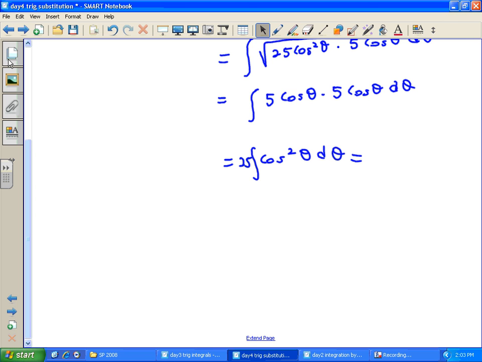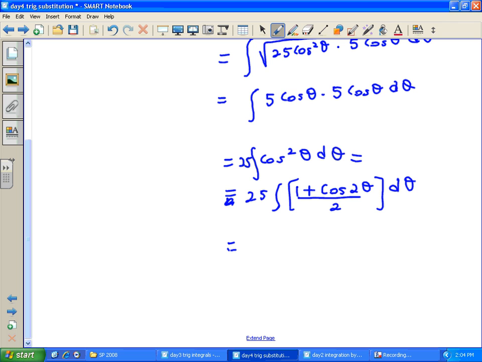For cosine squared, the formula was 25 times the integral of 1 plus cosine of 2 theta all over 2. This was also on the original handout I gave you at the beginning of the semester, all the integral formulas. What if you had to integrate sine squared? What was the only difference there? There was a minus in the middle. That's the only difference in the formula.